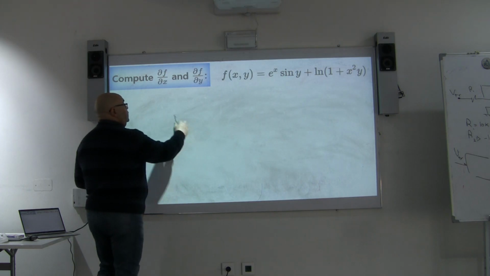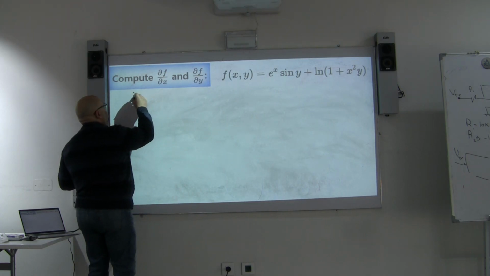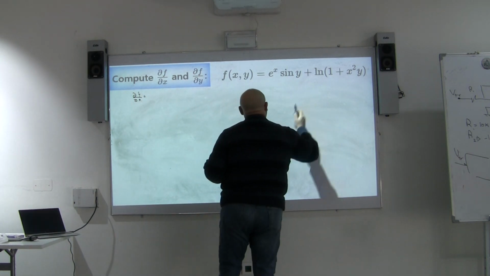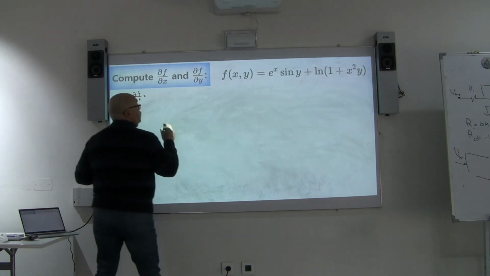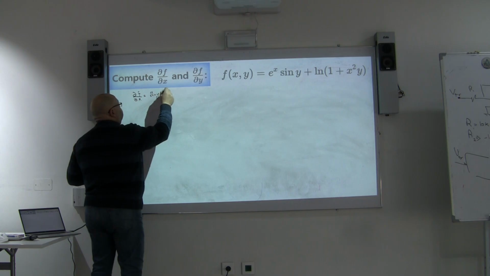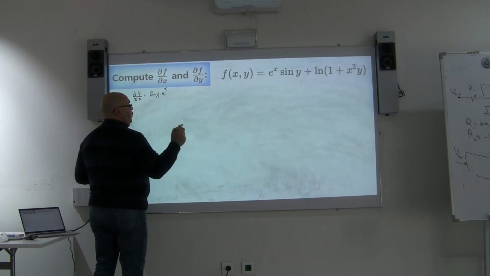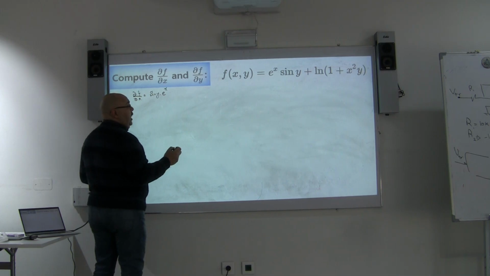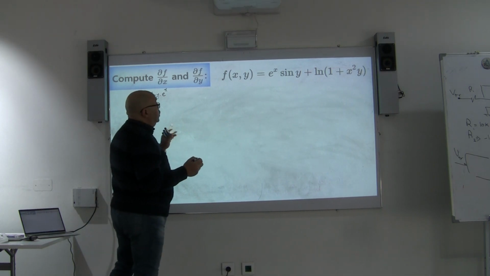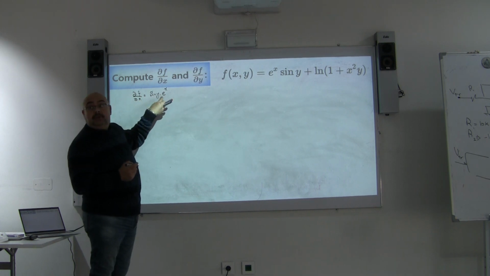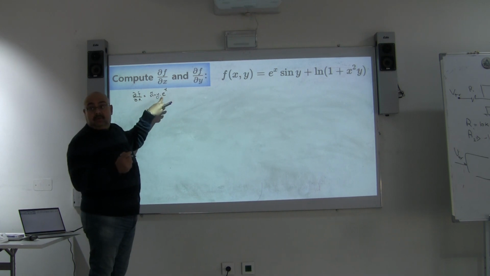So if I want partial f, partial x, all I have to do is differentiate this function with respect to x. I would have sine y times e to the power of x. If you notice, I've only differentiated the exponential part here because sine y is a constant.